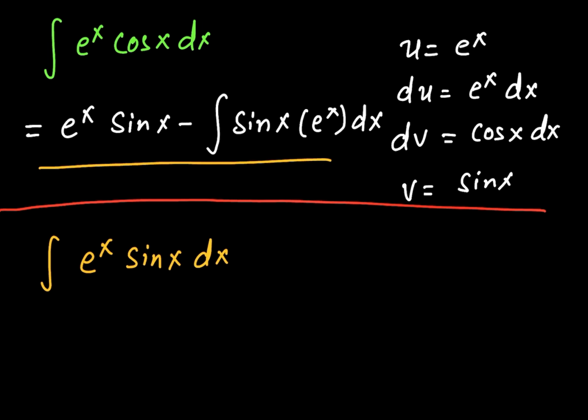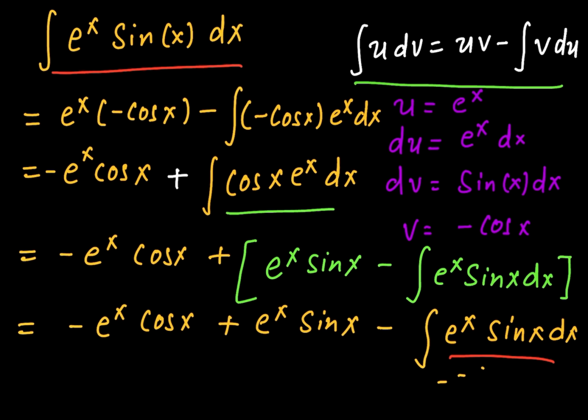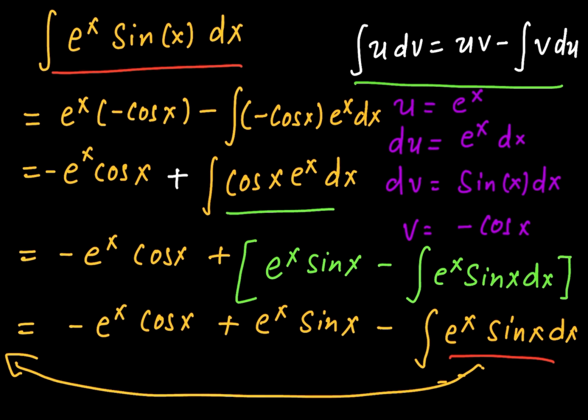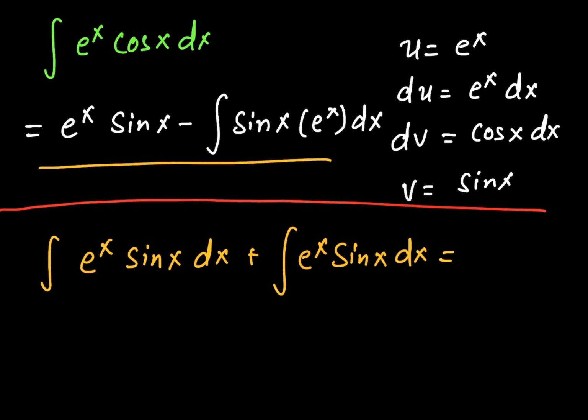This was already there, and we have shifted this quantity over to the LHS. So we will have here plus the integral of e to the power x sine x dx. And this will be equal to the same value which we started with, that was this one. So here we will have e to the power x minus e to the power x cos x plus e to the power x sine x.